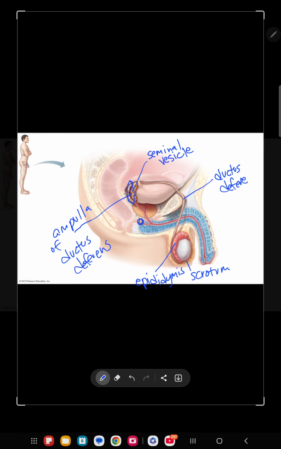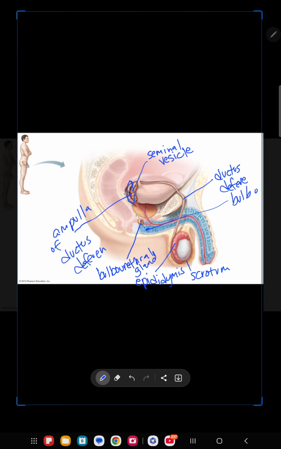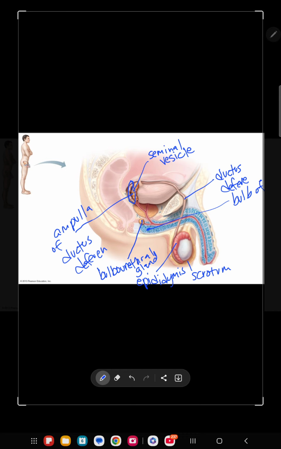And this little bulb, it's a little weird, is the bulbourethral gland. And then down here, this area, is the bulb of penis.